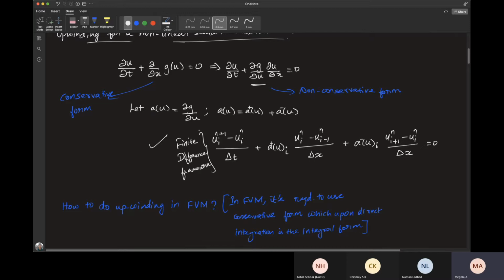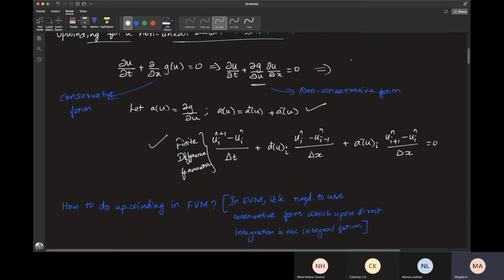Let's call dou g by dou u as a of u, and then do Courant splitting here. We split a of u as a plus and a minus. Based on that splitting, we do the finite difference. We do upwinding in the finite difference framework essentially.